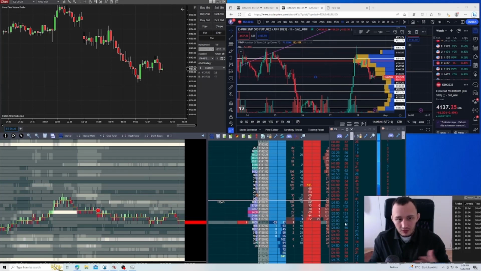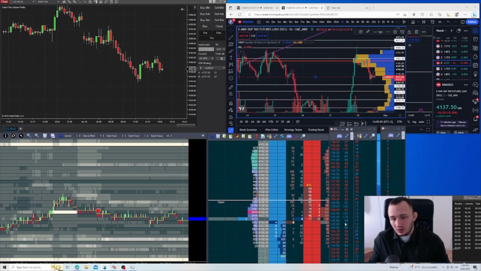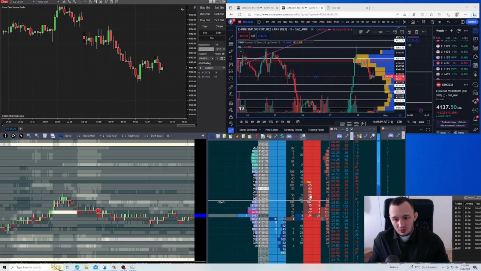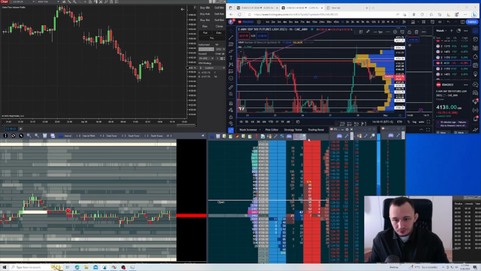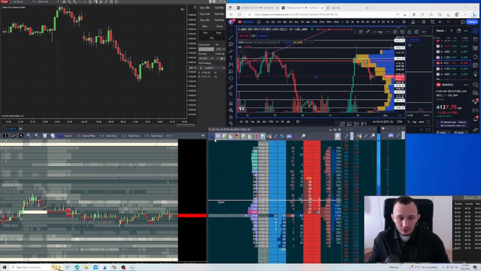If you're a big institutional trader who wants to execute 1,000 or 2,000 lots, you can't just press market with 1,000 lots, because you grab all the liquidity and you get a lot of spread. So you put in a few at limit, then a few market, you wait for a pullback, then another few market and a few limit. They always try to split it up, and that's what I'm looking for.